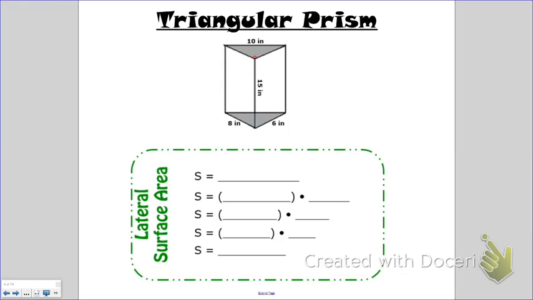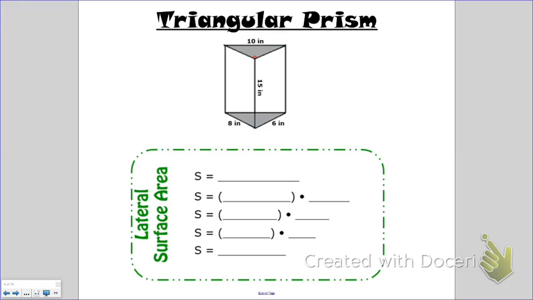The fact of the matter is, whatever there's only two of is what we use as our base. In this shape, we have three rectangles, but only two triangles. Because there's only two triangles, that makes our base a triangle, regardless of what it's sitting on. The way they will try to trick you is by showing you something that looks like a tent, so I advise you to be really careful and vigilant.